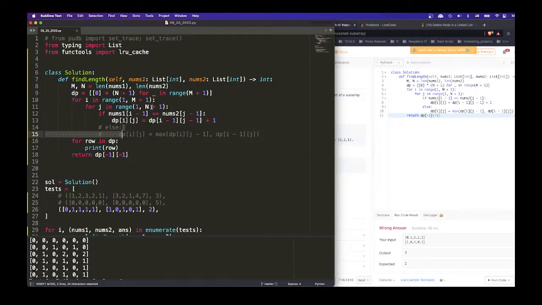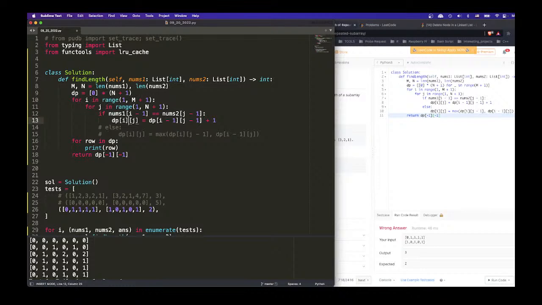Say if I do the same, so this shall equal to basically this. Maybe it works. I don't know.